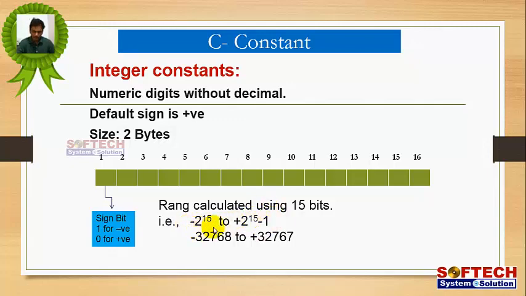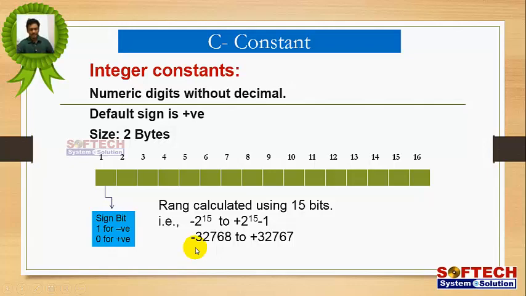What is the value of minus 2 power 15? The value of minus 2 power 15 is minus 32,768. That is 2 into 2 into 2 into 2, up to 15 multiplications. So it gives minus 32,768. The counting of negative values: minus 32,768 is the first count, minus 32,767 second, minus 32,766 third, and it goes up to minus 1.